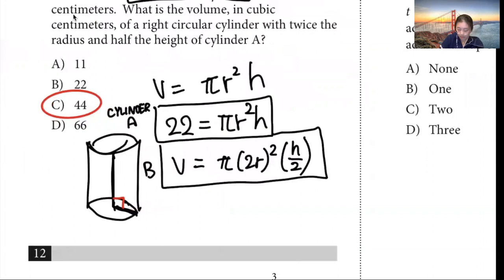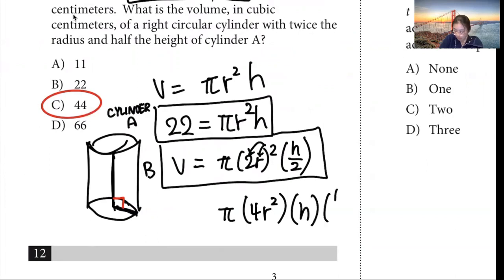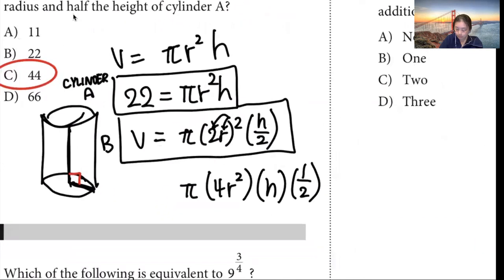So that's going to be pi, 2 times 2, because you need to go for both, r squared, and then h and 1/2.